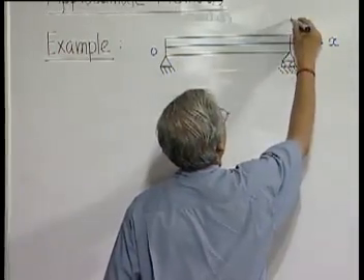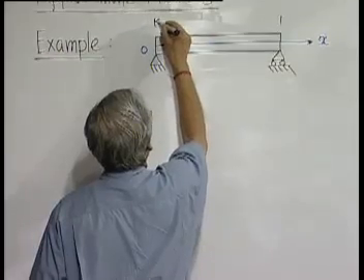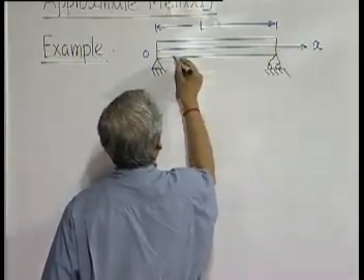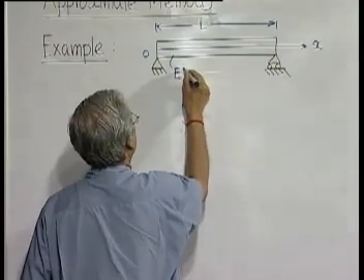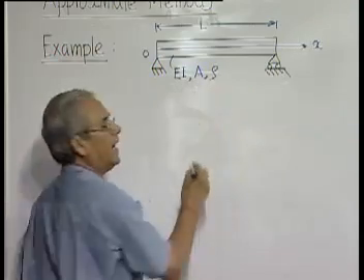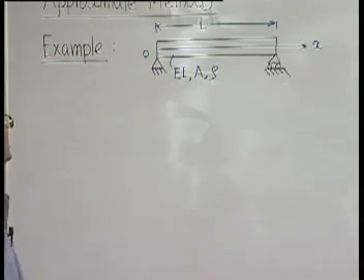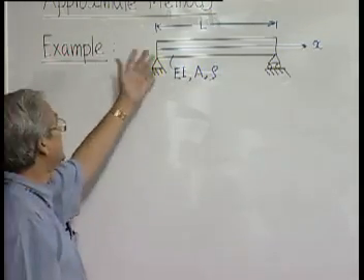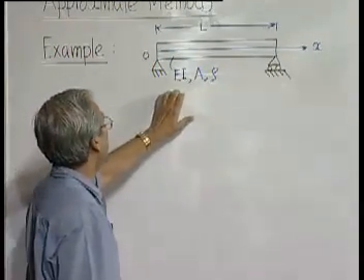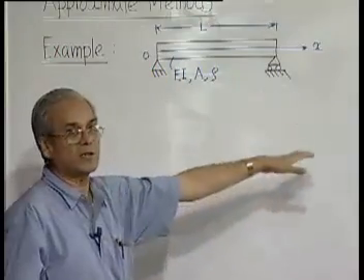The total length is L, its modulus of elasticity is E, moment of inertia I, cross-sectional area is A and density is rho. In this particular case of a simply supported uniform beam, EI, A and rho are all constant.